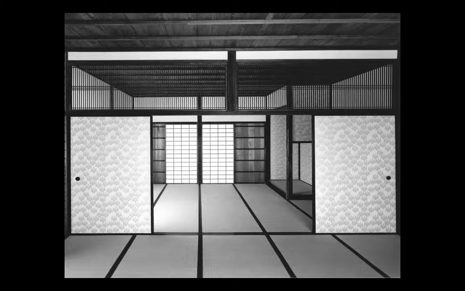So this is a very elegant example of architecture which is not fixed, but mobile and transformed with use.